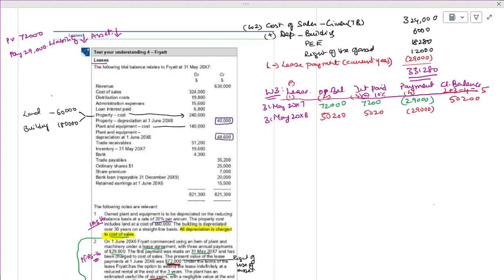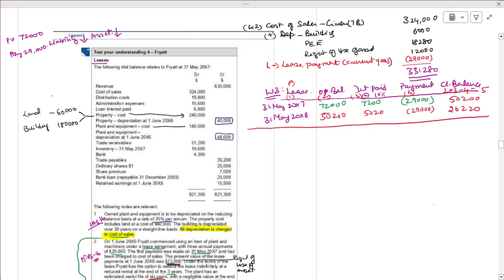Okay. What is the closing balance? 26,120. Are you clear about this?